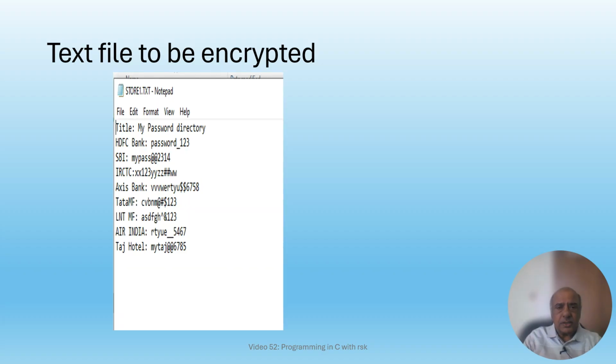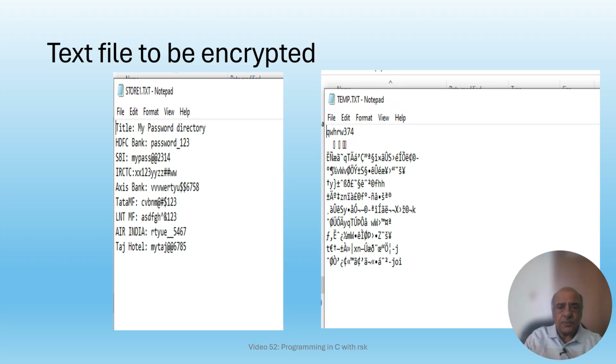Now this is a file which I will be using in this program. It's my password directory, just a title, and all the passwords here are not real passwords, fictitious passwords I have put there for obvious reasons. When we encrypt this file, it looks like this.